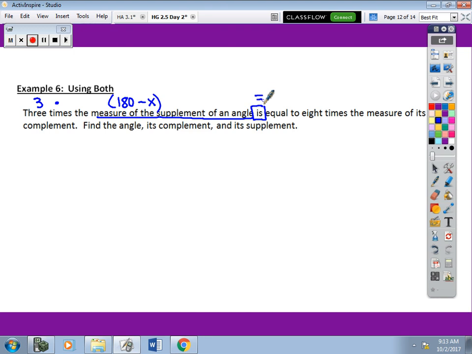And actually it says is equal to 8 times the measure of its complement. And I'm going to put that up here. The complement is 90 minus x. Find the angle, its complement, and its supplement.